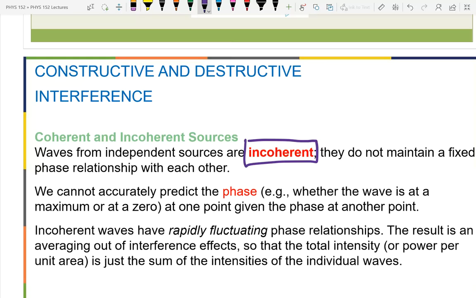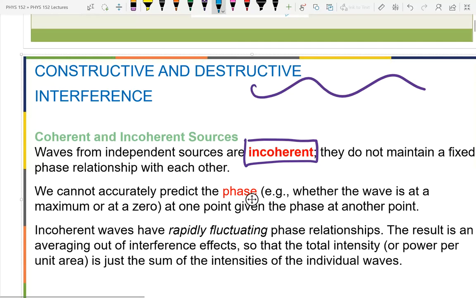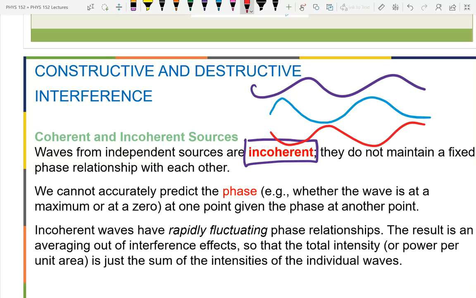I can have light that's coming out at one place like this, and another place is coming out like, well, I'm going to make them at least the same wavelength, another place is coming out like this, and another place like this. There's no set relationship between them. They're just kind of random.